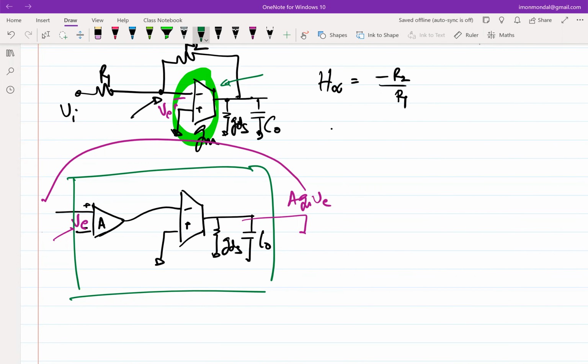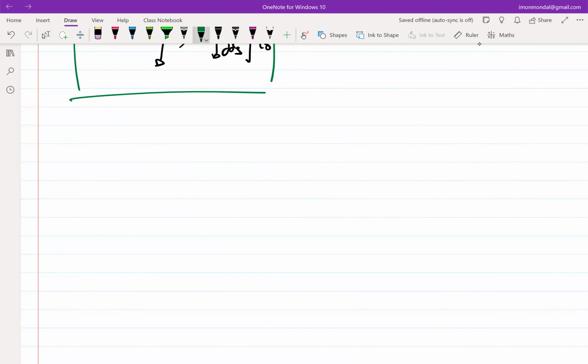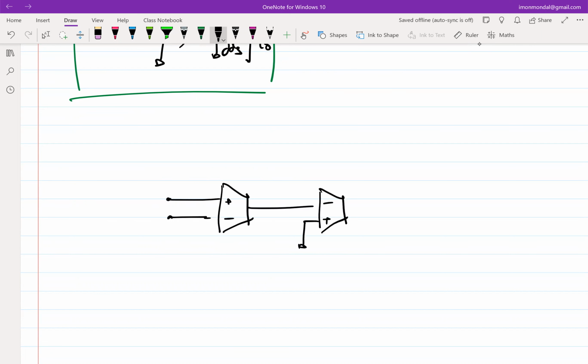If I put that back, A is also our DFAM, and this DFAM also has a GDS and C0.